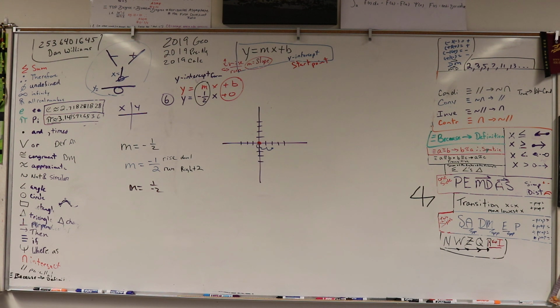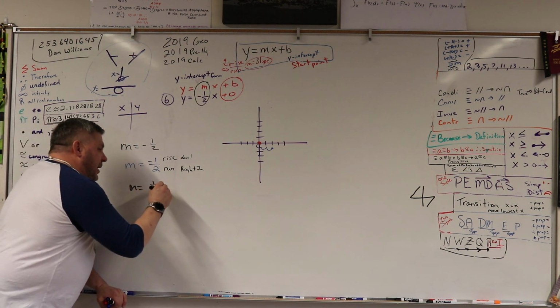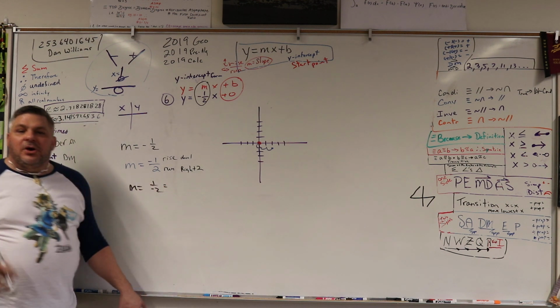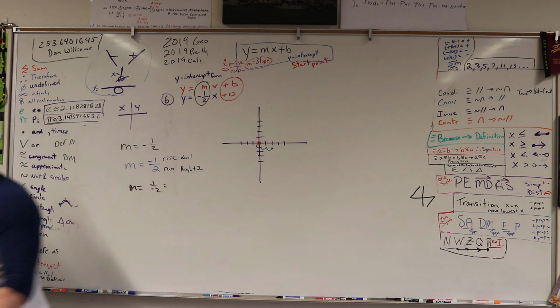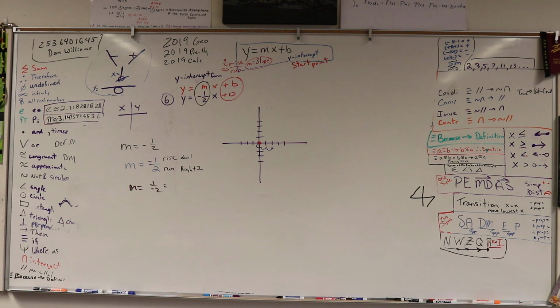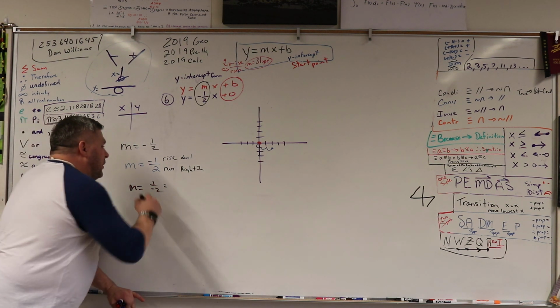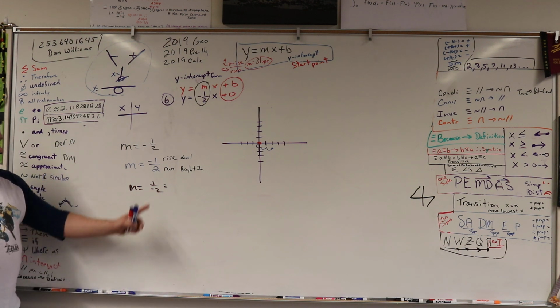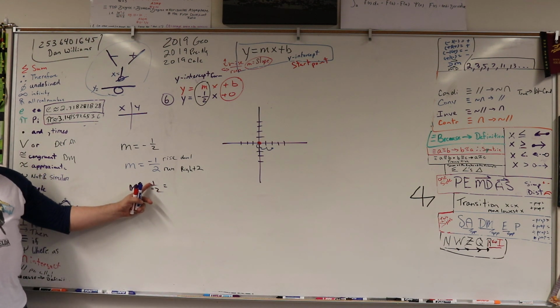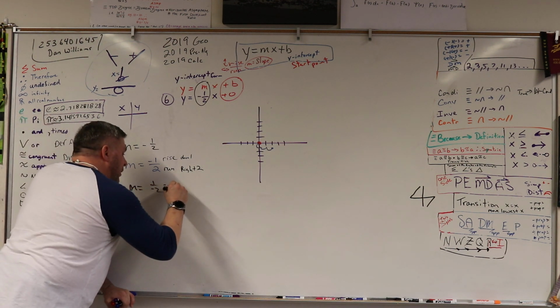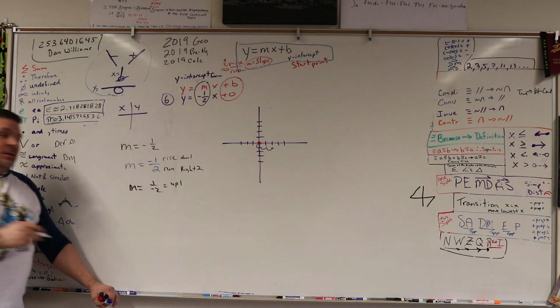That's still -1/2, right? Yeah. So, if it's a positive rise, am I going up or down, Malia? Positive rise. Good job, Josh. Up. Up, how much? 1. So up 1. Okay?